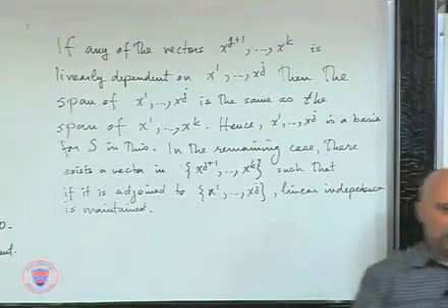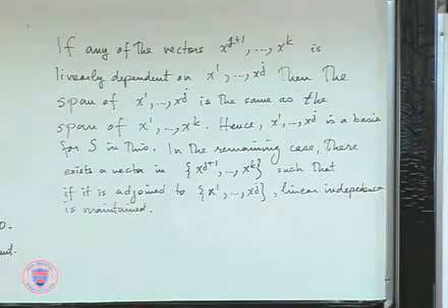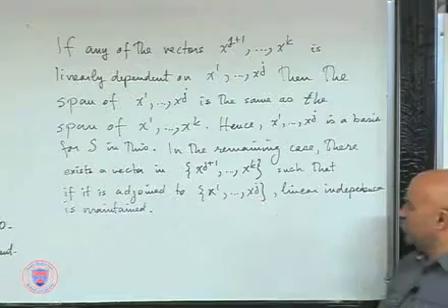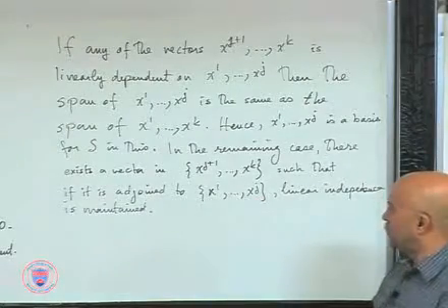So you've got one more additional vector adjoined to the initial set, and you still have linear independence.